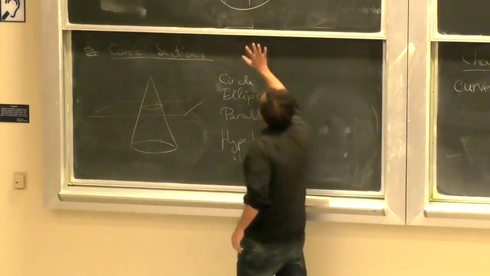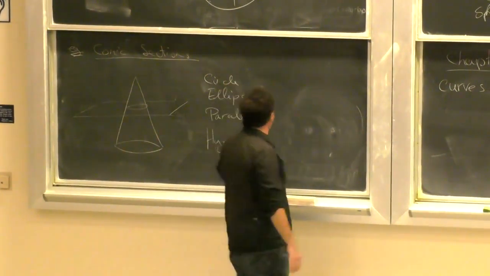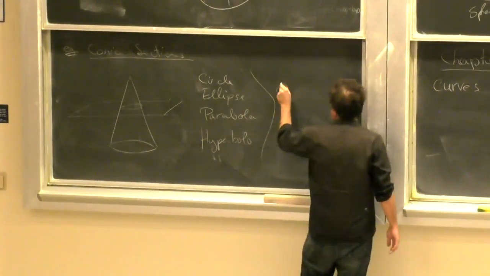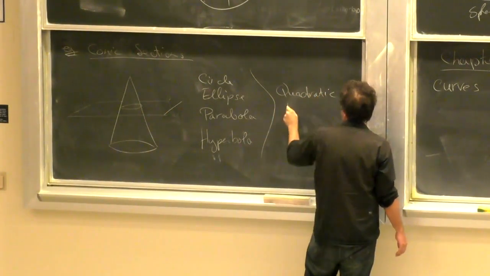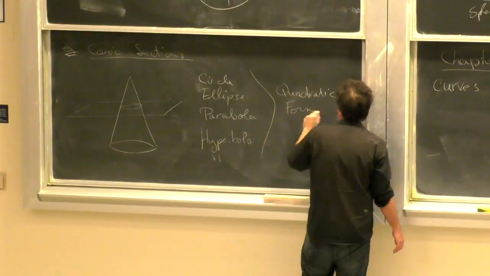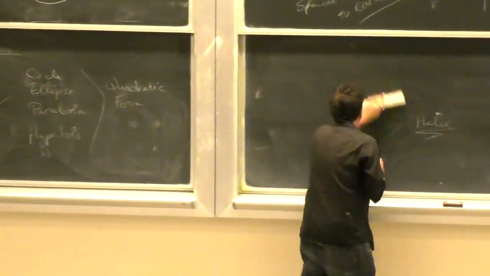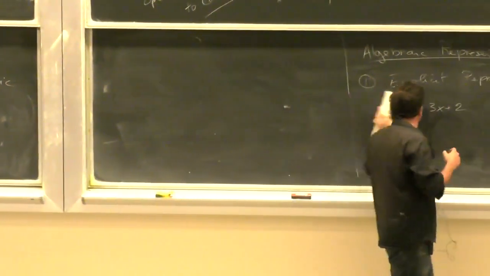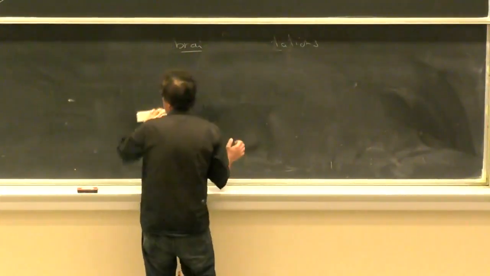They're all represented algebraically by what's called a quadratic form. So the general quadratic form is the general implicit equation.